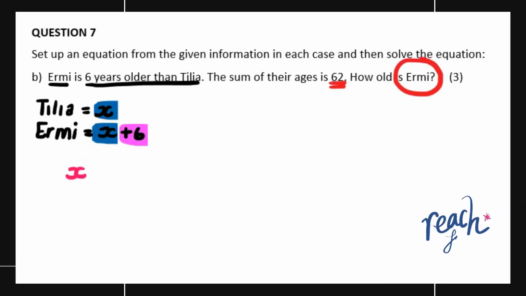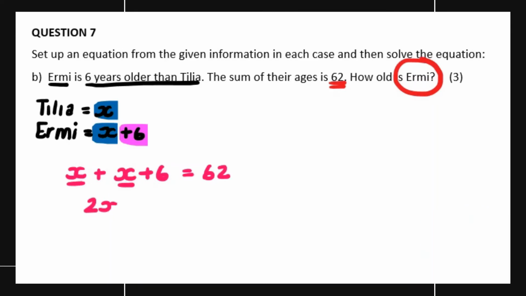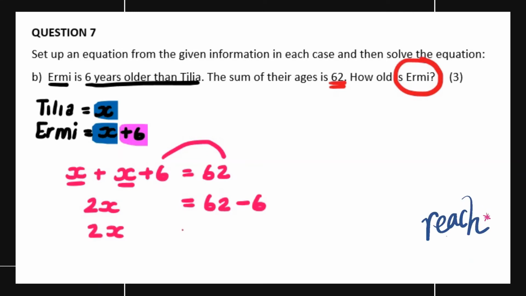Tilia's age, which is X, Army's age, which is X plus 6, and together they are 62 years old. X plus X is equal to 2X, and we need to move the 6 across, so we will have 62 minus 6. Now we would have 2X is equal to 56.